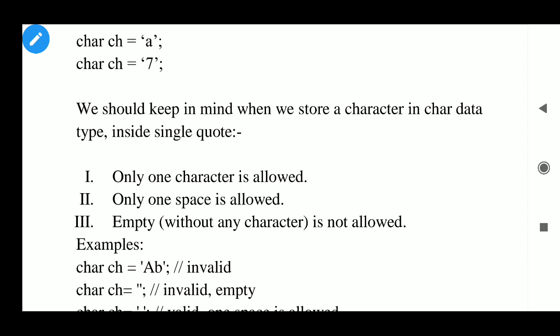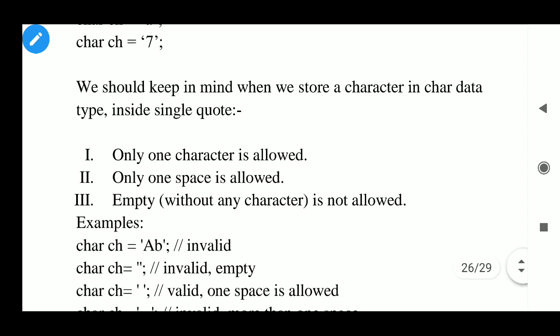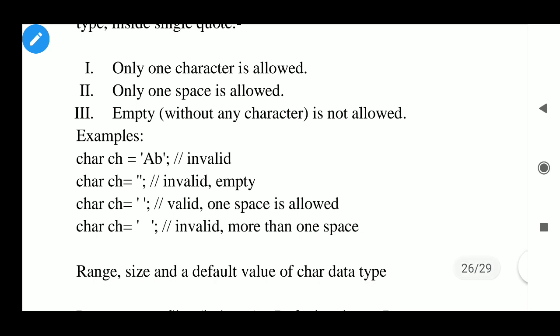Only one space is allowed. Empty without any character is not allowed. Now see the example. char ch = 'ab' is invalid because two characters are there. Only one character is allowed. Understood? char ch = '' is invalid. It is empty.